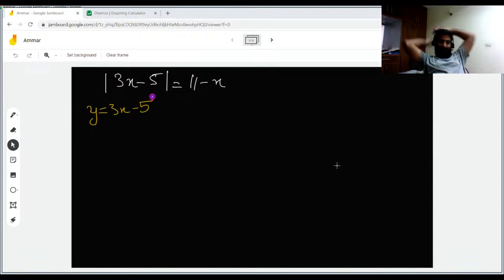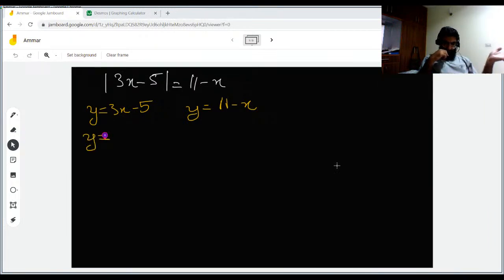Maybe because I'm getting confused. So I'm going to write it like this. Y is equal to minus 5 here, and x is equal to 5 by 3.